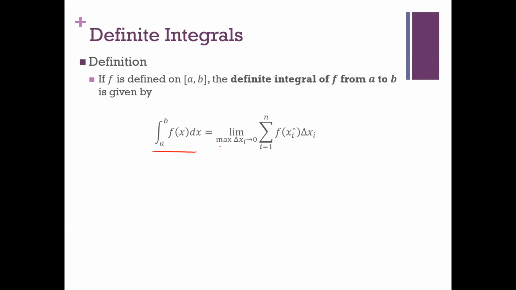So one thing I want to focus on here is this. Like we said before, the intervals don't have to be the same width. So when I'm saying I want the largest interval to be going towards 0, how many rectangles am I trying to make?